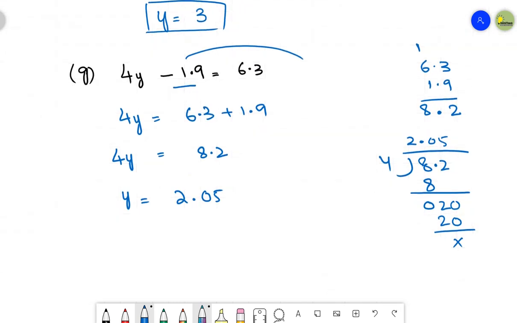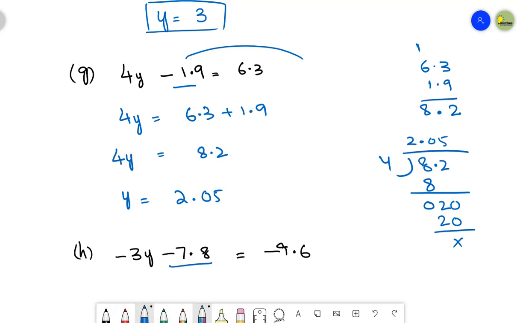Okay, now let's do part G, part H. Okay, in part H, I'm having minus 3y minus 7.8 equals to minus 9.6. Again, what you need to do, you have to shift this value first.